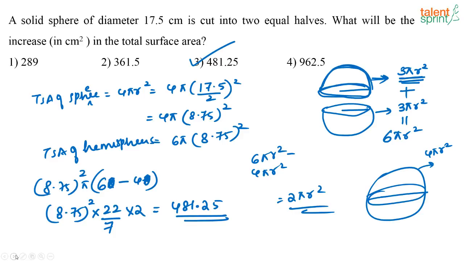So, if you actually know this concept in mind, what you can understand is what is the actual increase in the total surface area? The increase in the total surface area is the area of these 2 circles. Yes. So, if that is clear to you, you need not even do any of these steps. Directly you can take it as this is pi r squared, this is pi r squared. Yes. So, that is 2 pi r squared.